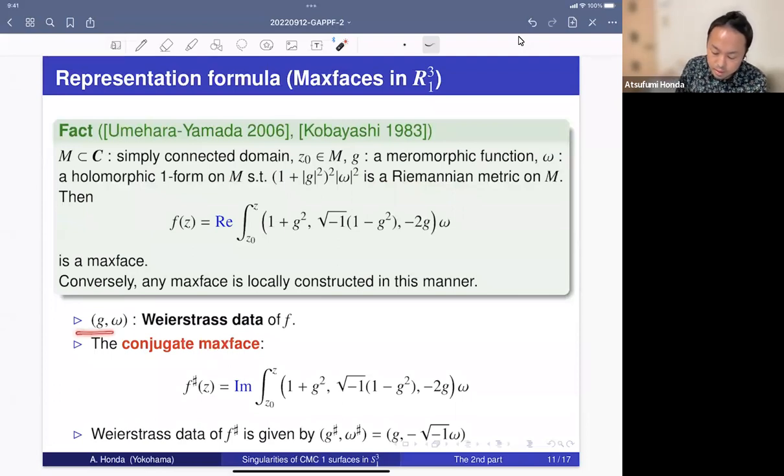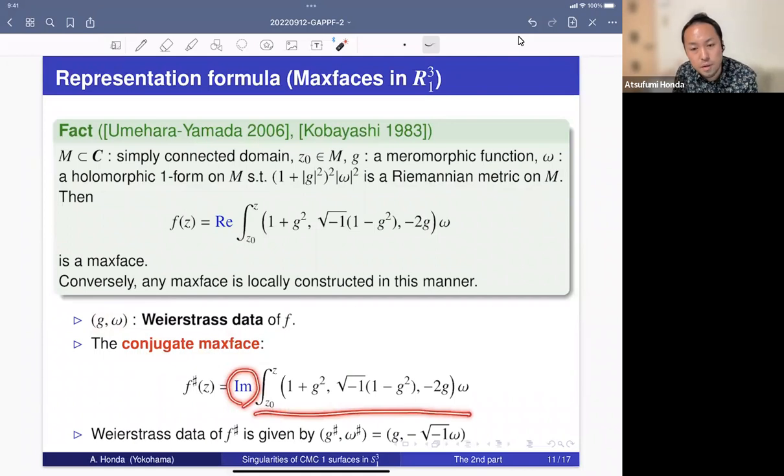Then the pair of meromorphic function g and holomorphic one-form omega is called the Weierstrass data of F. Using this formula, we can define the conjugate maxface by the imaginary part of this holomorphic null curve.